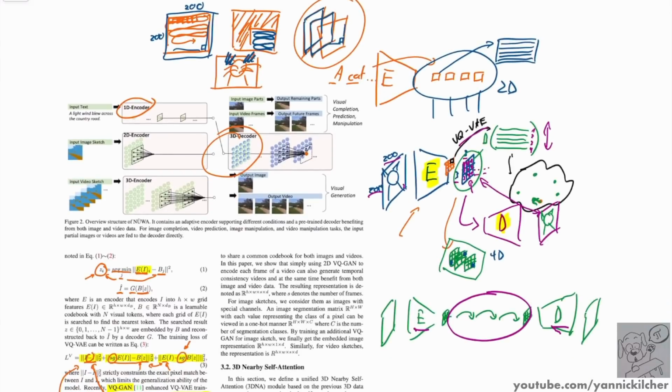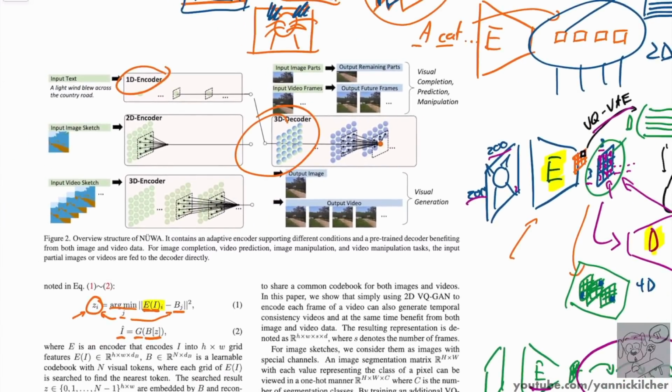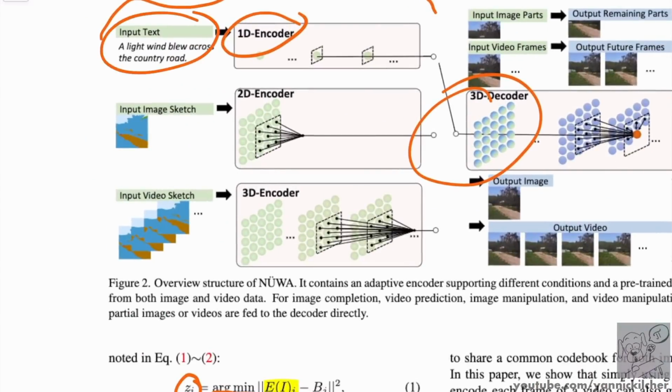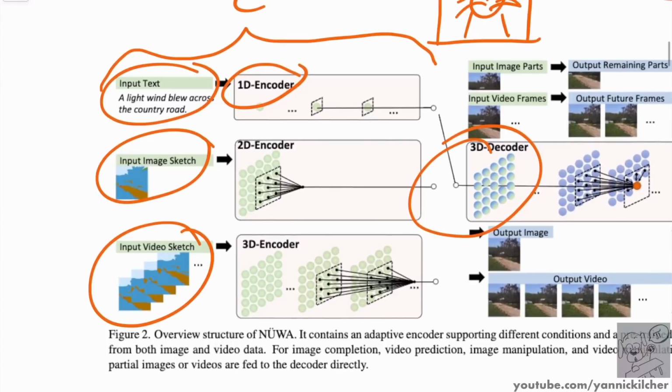They differentiate two things right here. They differentiate context, which is here on the left broadly, which they sometimes denote with a large C. As context they count things like input text or input sketches. The reason it's context is because those things aren't output. Those things are never given incompletely. The model will never have to produce them. You either input them or you don't.